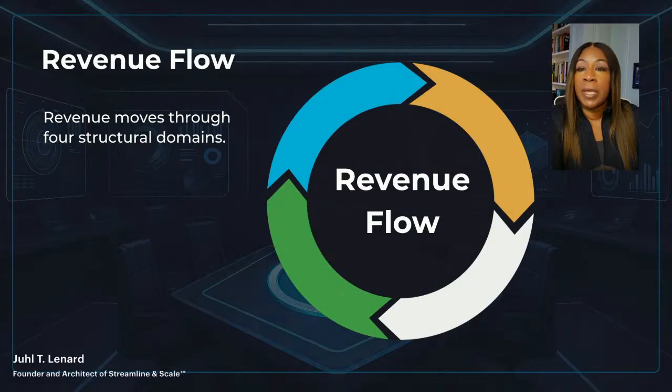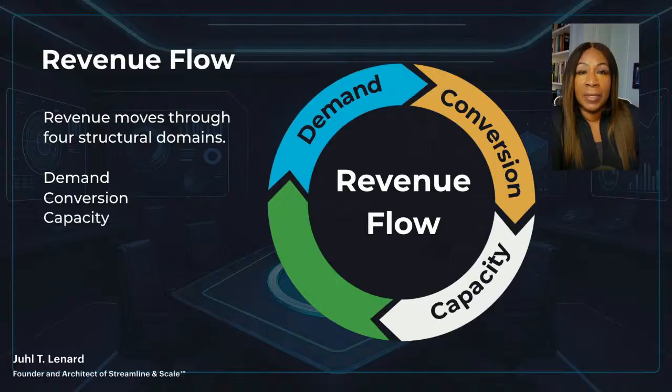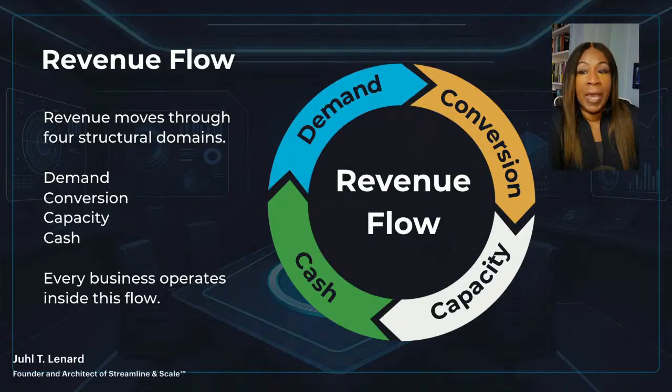Just to level set, revenue in your business system has a flow, and revenue flows through 4 structural domains: demand, conversion, capacity, and cash. Every business operates within this flow.